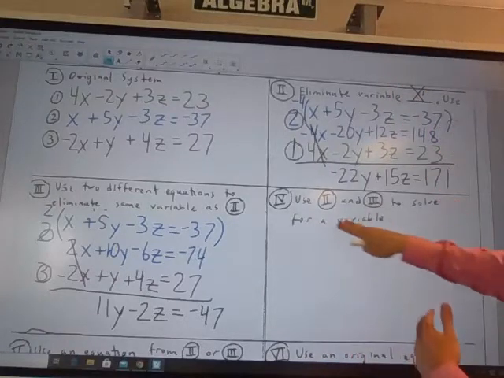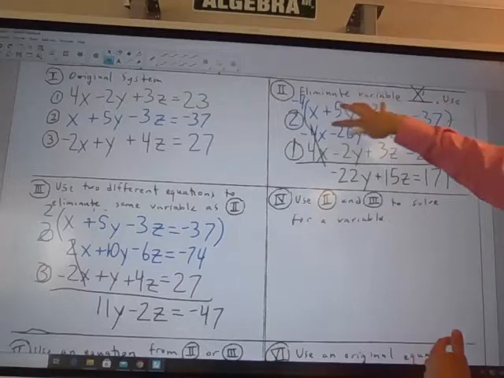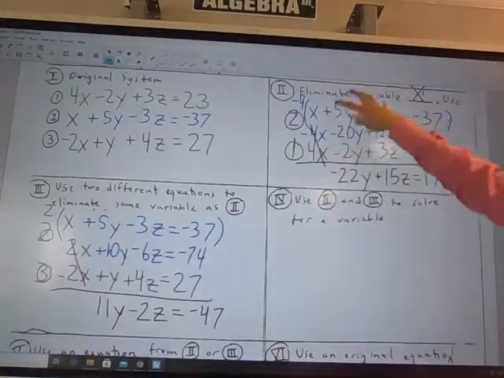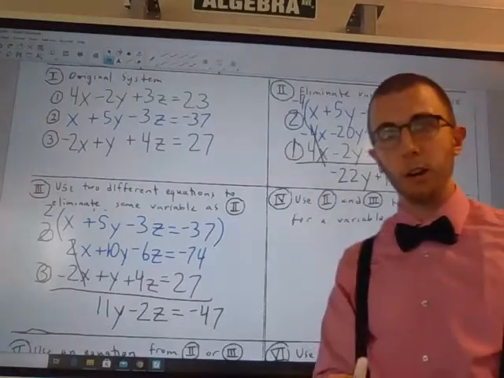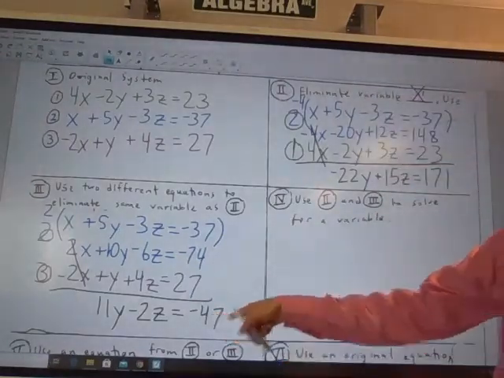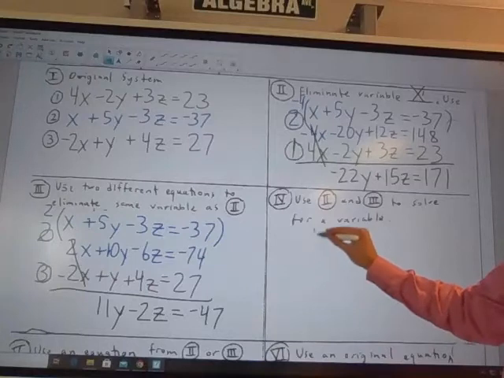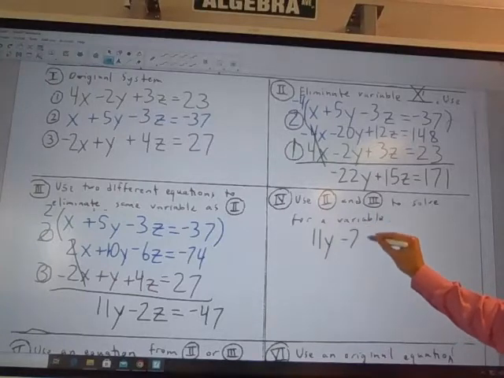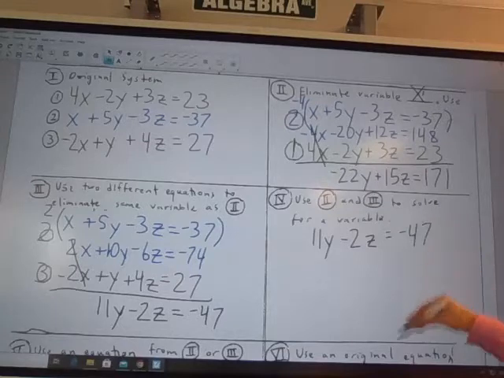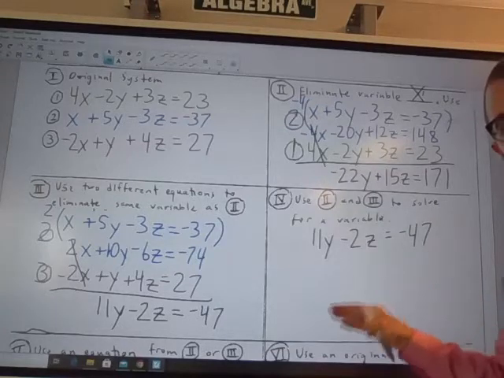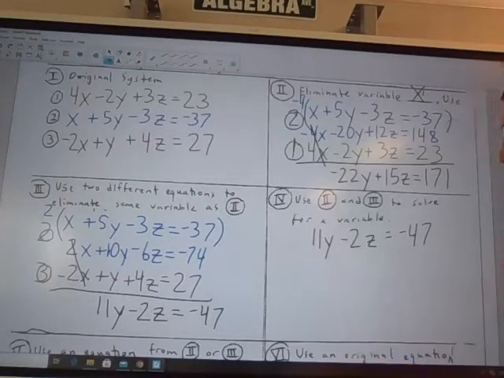Okay? And now this box tells us to use the work from this box and the work from this box to solve for a variable. So I'm going to rewrite these here. So I have 11y minus 2z equals negative 47. And again, I'm leaving a space because I know I will need to manipulate one of these.